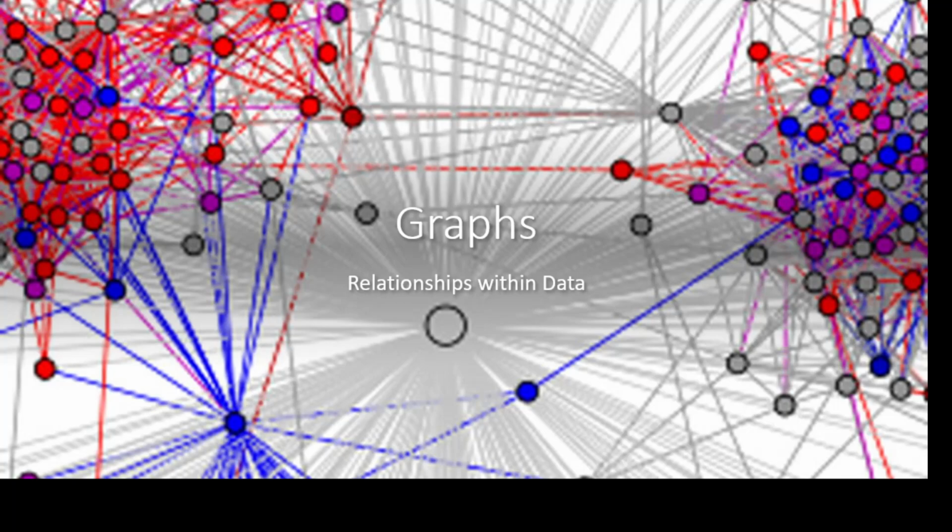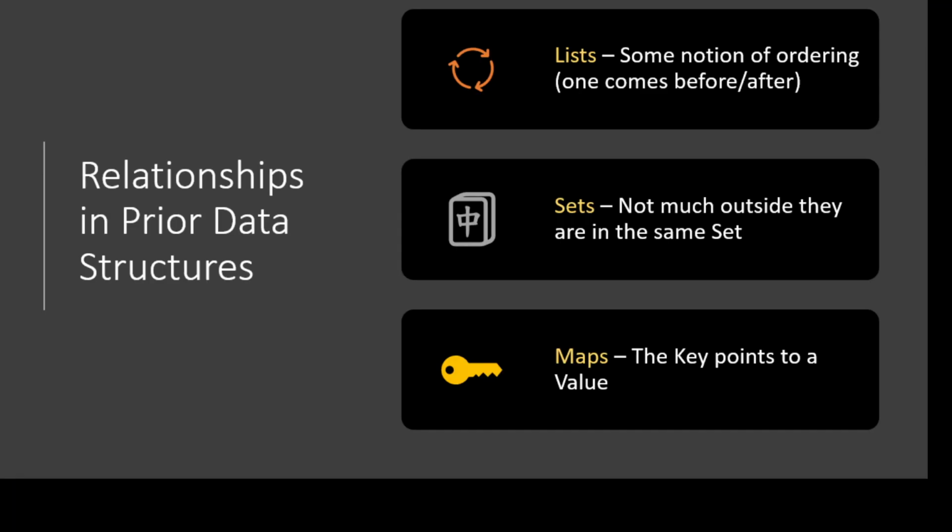Graphs rarely are a standardized data structure like some of the others we're talking about, such as the different relationships amongst data structures that we had in lists, sets, or maps, or symbol tables, or dictionaries, if you want to call them as such. So lists have this notion of just simply when was it entered into the list. Did it come first? Did it come middle? Did it come last?